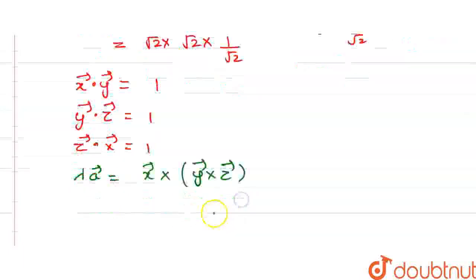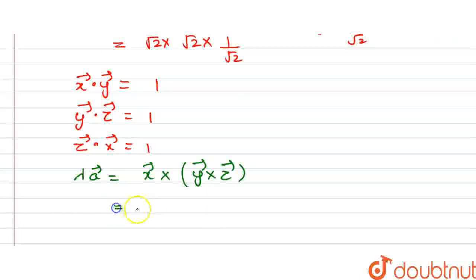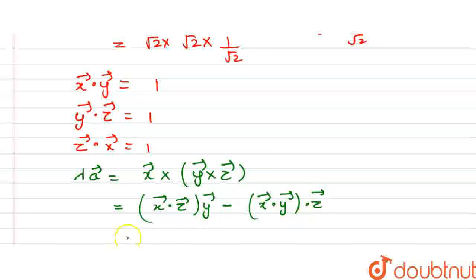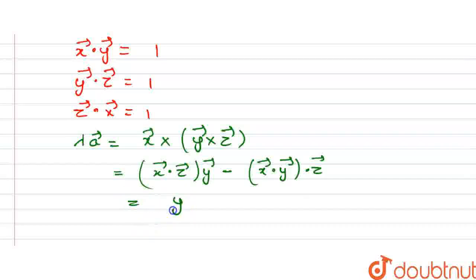So we can write here by vector property, lambda a is equal to (x vector dot z vector) into y vector minus (x vector dot y vector) into z vector here. So we have x dot z is equal to 1. So we get here y vector minus x dot y, which is 1, into z vector. So we get here y minus z.